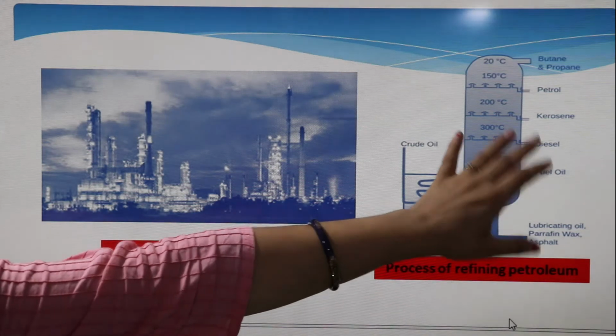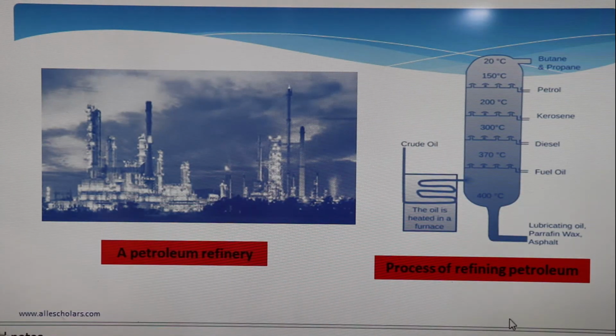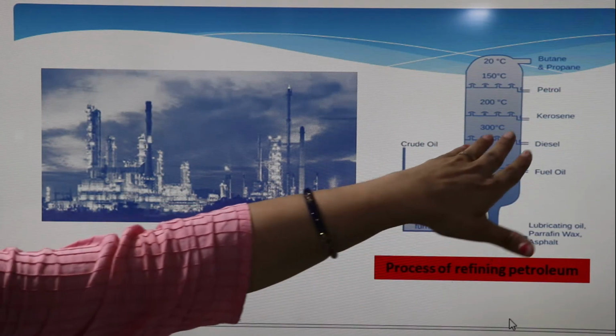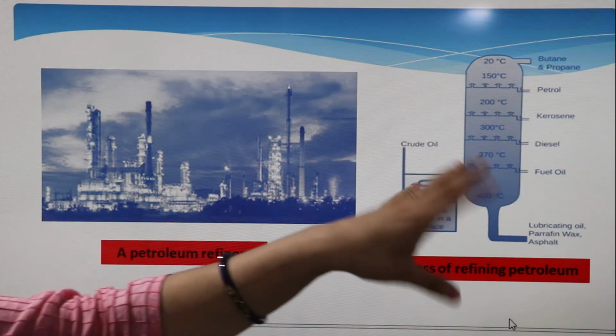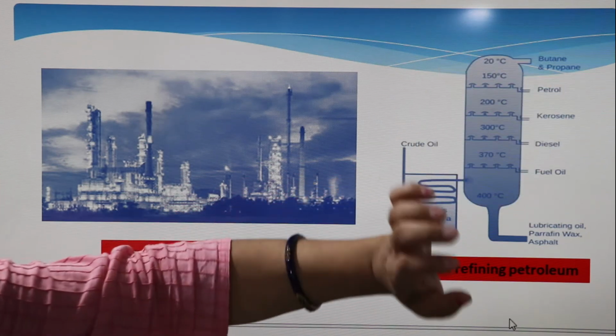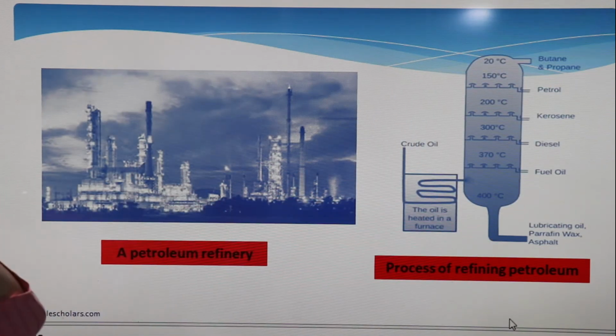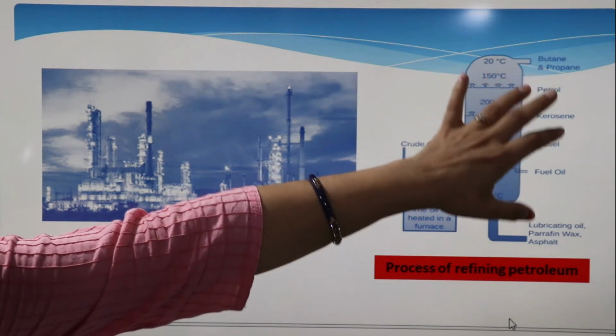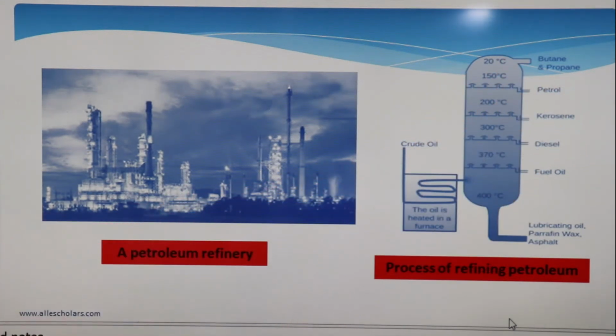Then at 300 degrees C, diesel is there, which is used for heavy vehicles. Then at 200 degrees C, kerosene is there, used in cooking and all. At 150 degrees C, petrol is there, that is used for the lighter vehicles. And at 20 degrees C, butane and propane are there.